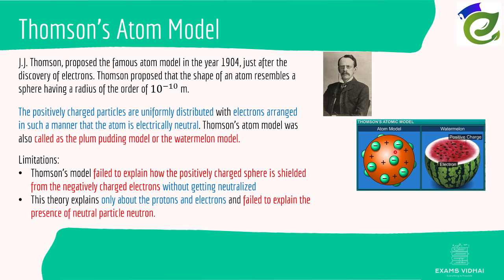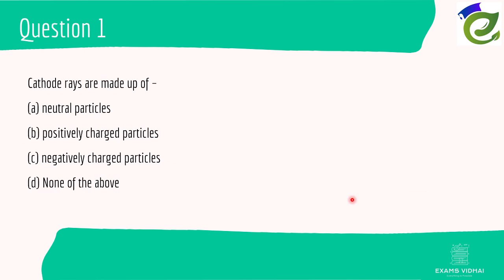Why is that? J.J. Thomson did not say, and his theory contains only protons and electrons, and he failed to mention the presence of neutrons. So why was the J.J. Thomson model important to us? Well, it was among the first models that was widely accepted before a new one came, and it also gave a head start on how an atom looked.